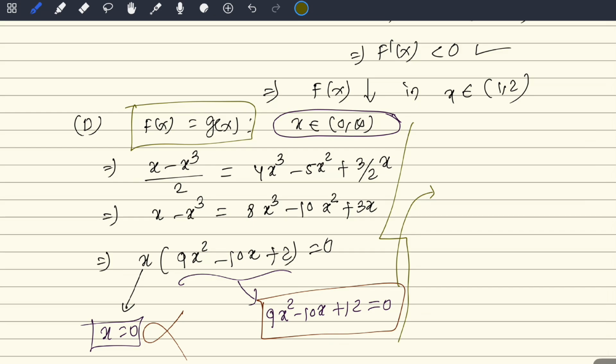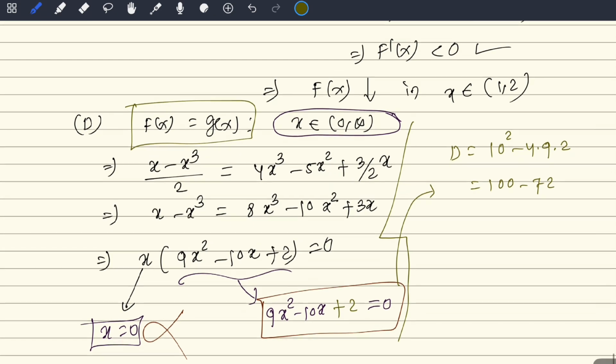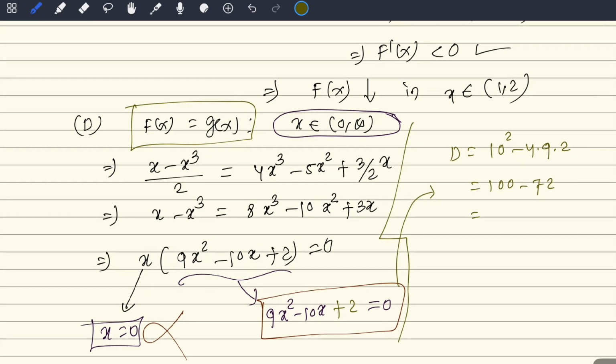If we get imaginary roots, that is D less than 0, then we don't get any solution in the open interval 0 to infinity. So here D is b square minus 4ac, that is 10 square minus 4 into 9 into 2. So what is the value? This is nothing but 100 minus 72, which becomes 28.